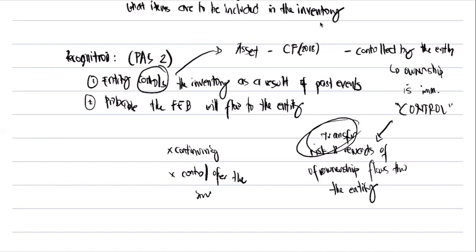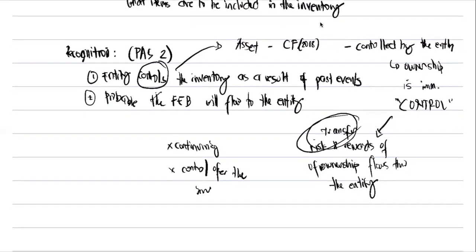Next, there must be probable future economic benefits that will flow to the entity. But take note, when we recognize inventory, what is important is control. We must control the inventory.